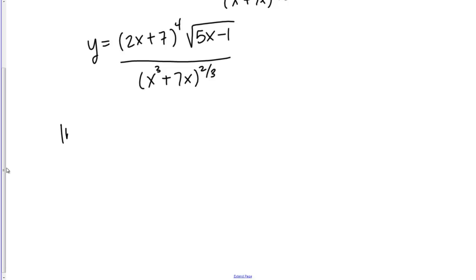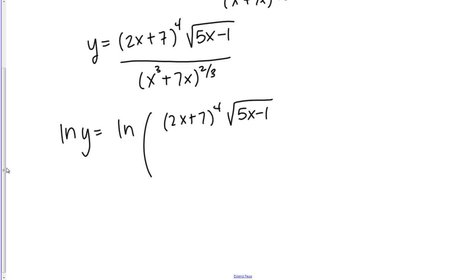So natural log of y equals natural log of this whole expression, (2x plus 7) to the fourth times the square root of (5x minus 1) over (x cubed plus 7x) to the 2/3 power.